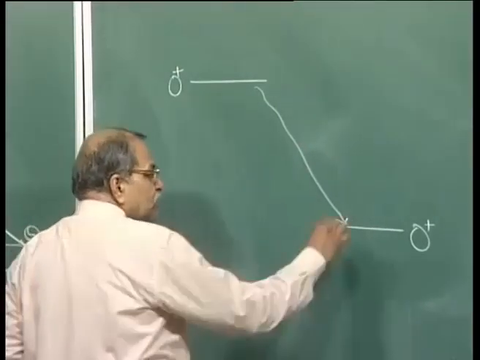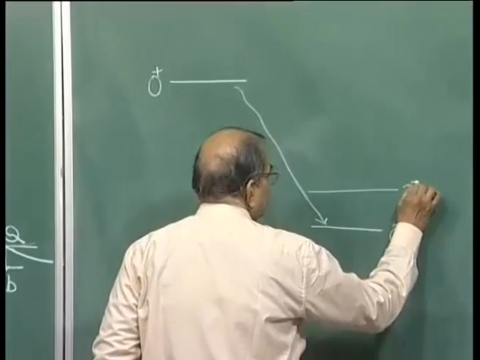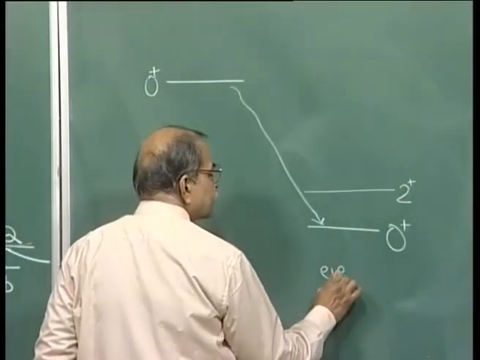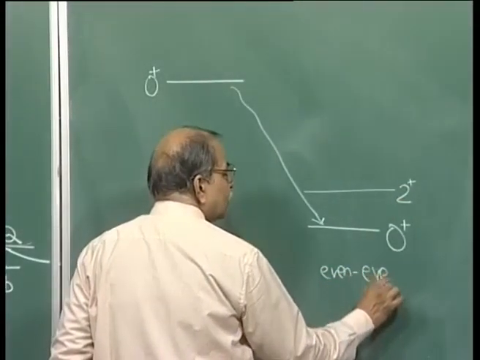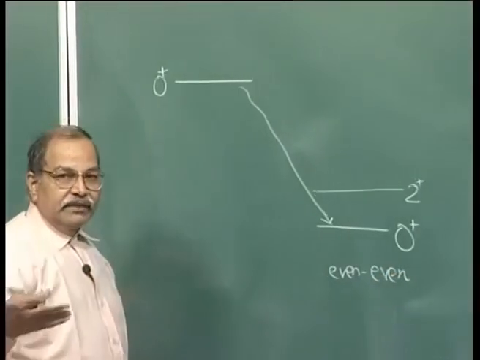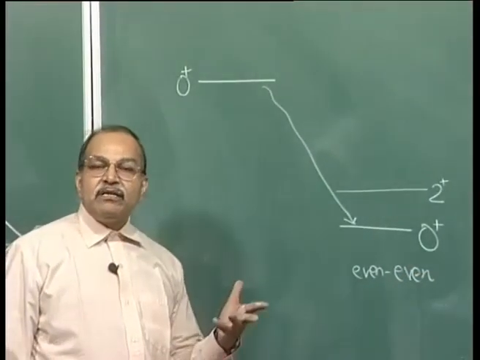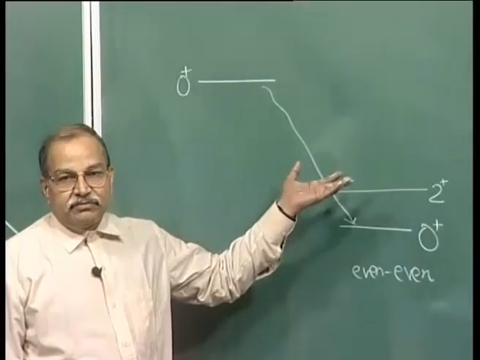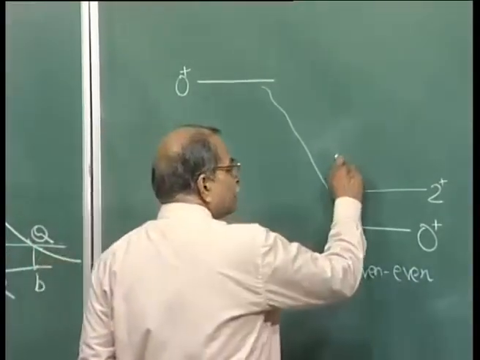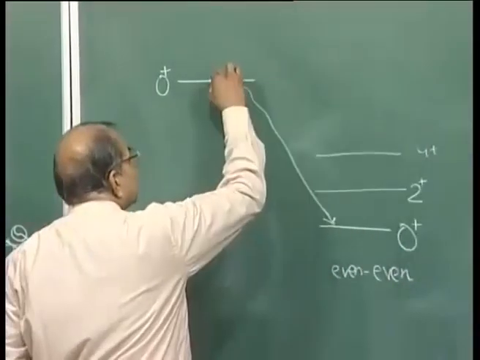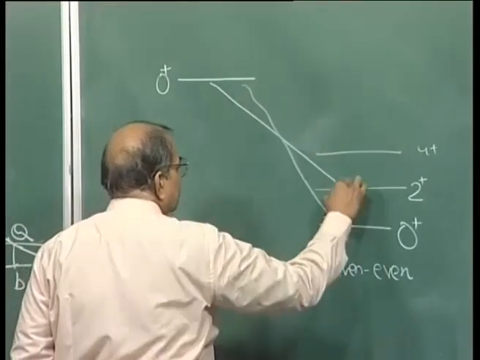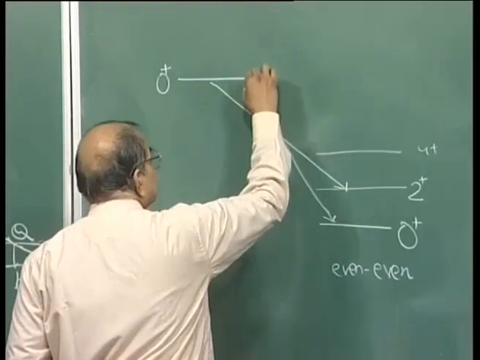But then you can also have excited states. For example, in an even nucleus, in this range you can have rotational energy levels. Okay. So, you can have 2 plus, then 4 plus and so on. The alpha particle can also decay to these other states.